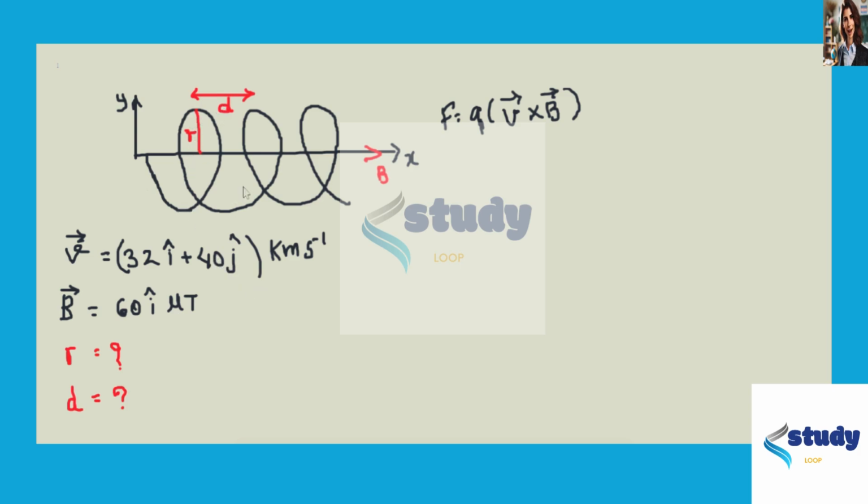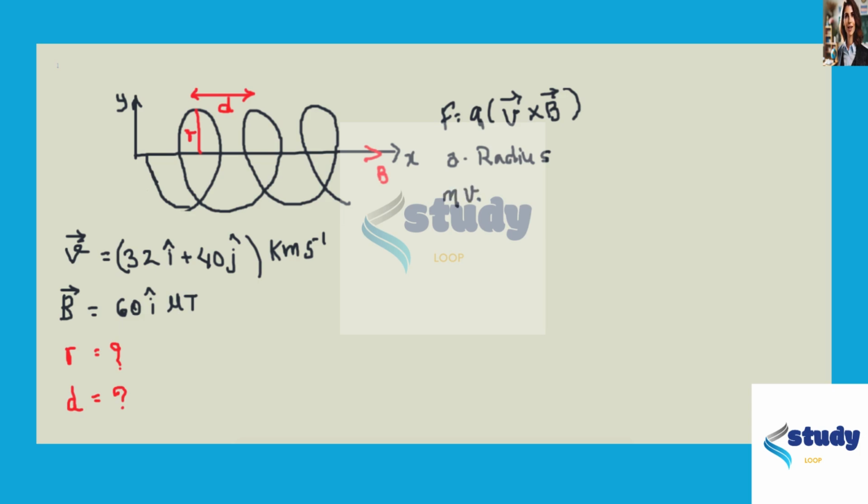So the electron is going in a circle. The circular motion of the electron is due to the force from the magnetic field, and the forward motion along the x-axis is due to the constant velocity, that is 32 i hat. To calculate the radius, we have to use the velocity along the y-axis, because that is the velocity that experiences the force.